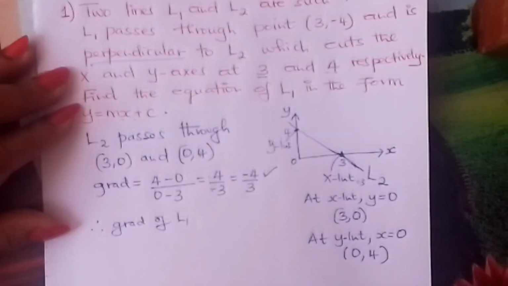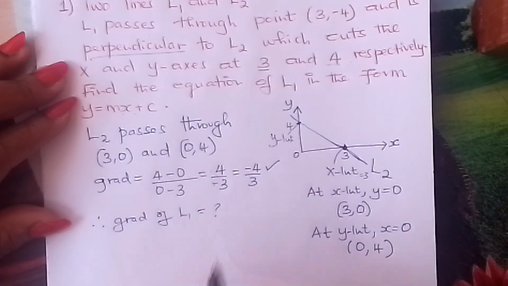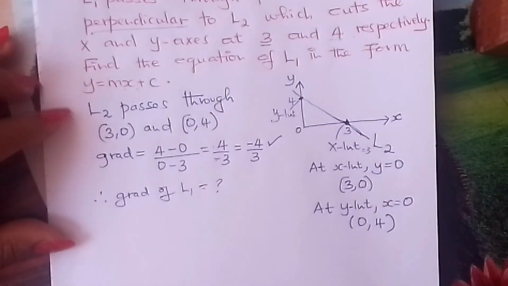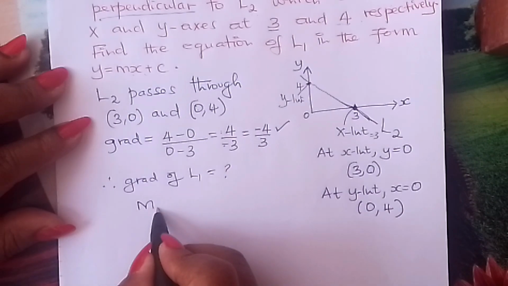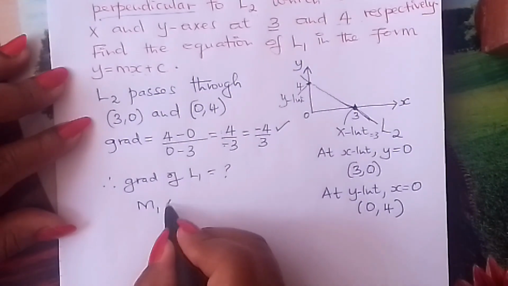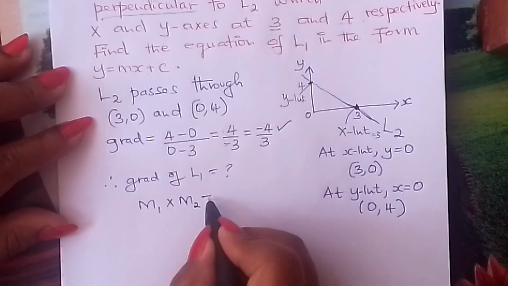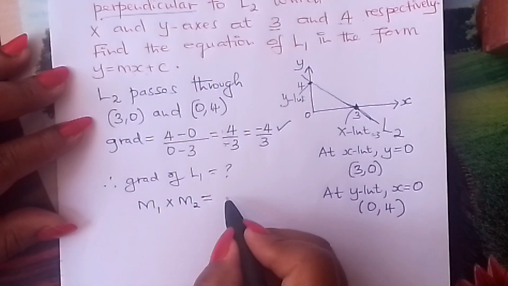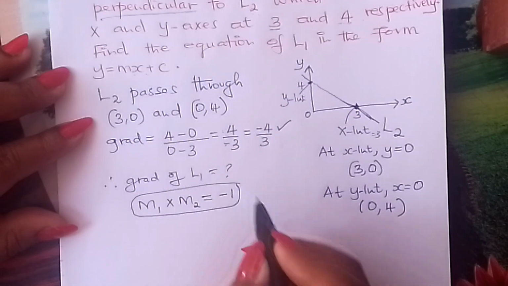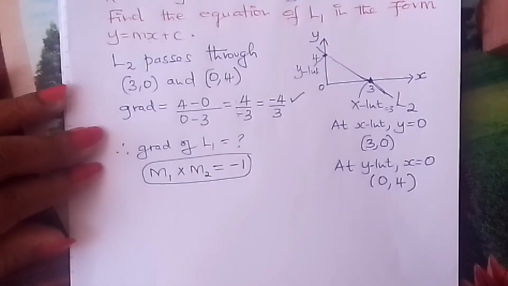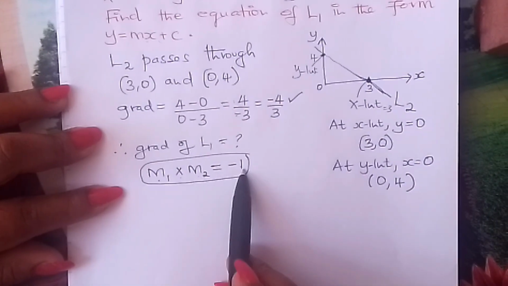So we have this formula: the gradient of L1 times the second gradient, if two lines are perpendicular, gives us what? Remember? -1. That is the relationship of gradients of two perpendicular lines. Therefore, gradient 1 times gradient 2 should give us -1.